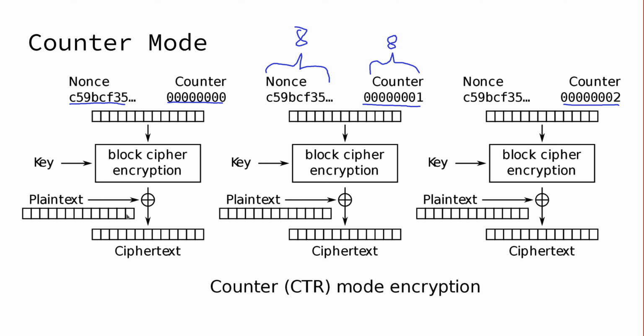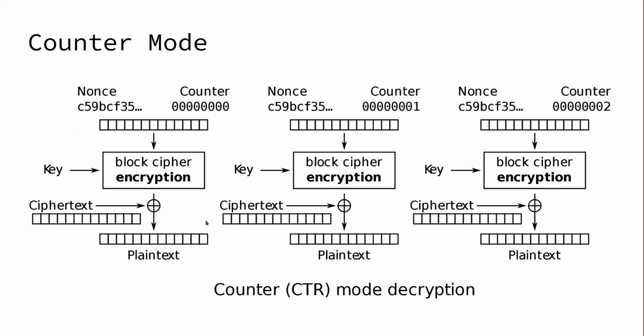One thing I want to mention is that obviously this is just XOR, so if we flip bits in the plain text or in the ciphertext, they flip at the exact same position in the ciphertext or in the plain text, obviously. So decryption works exactly the same.